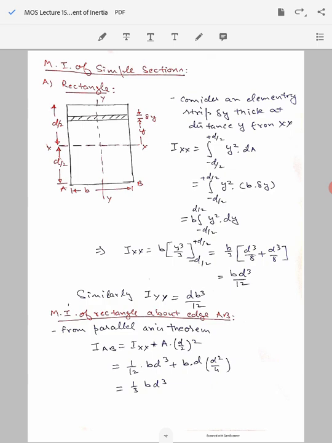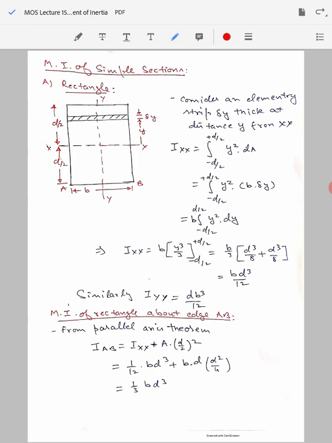The rectangular cross section of the beam is shown here, and it has a depth of small d, from minus d by 2 to plus d by 2, and a width of small b. So it is a cross section of b multiplied by d, where b is the width and d is the depth of the section.